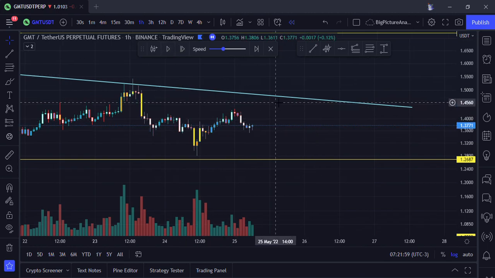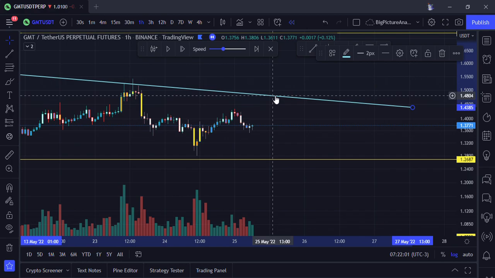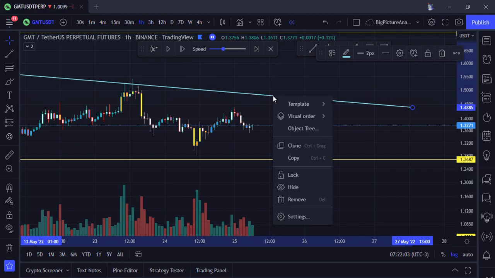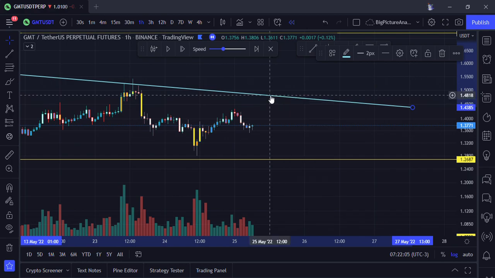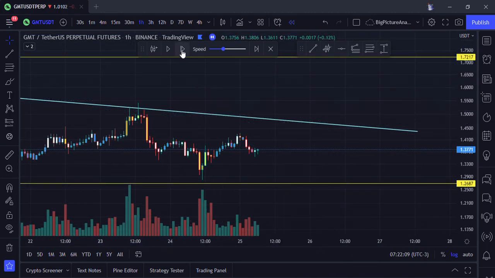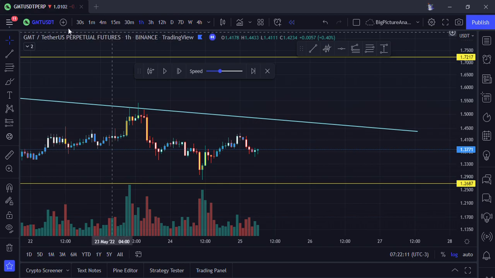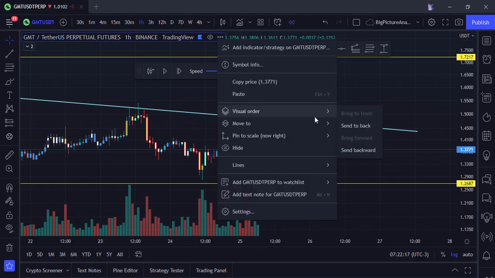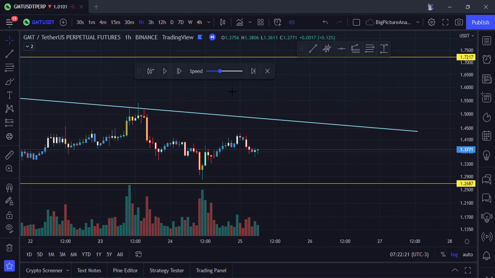You can come here in this line and right click, no, it's better if you come here on the name of the asset you are working with. You can add, I cannot do this, sorry, because I'm on the replay mode.